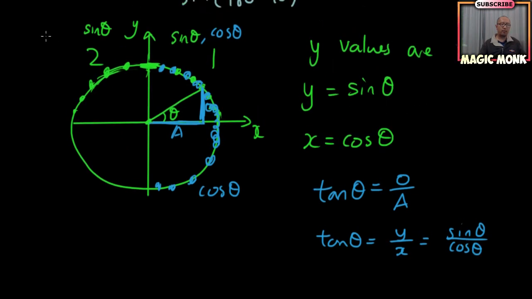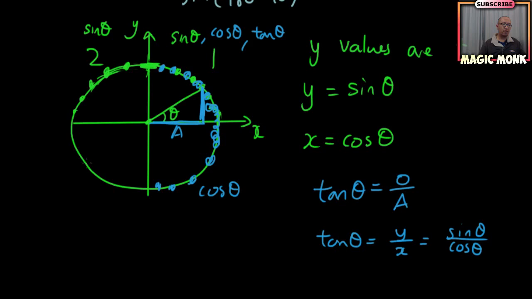So if both are positive, then tan is going to be positive as well. But over here, cosine is negative, so sine theta over cosine theta is going to be negative because one of them is negative. Over here, they're both negative.